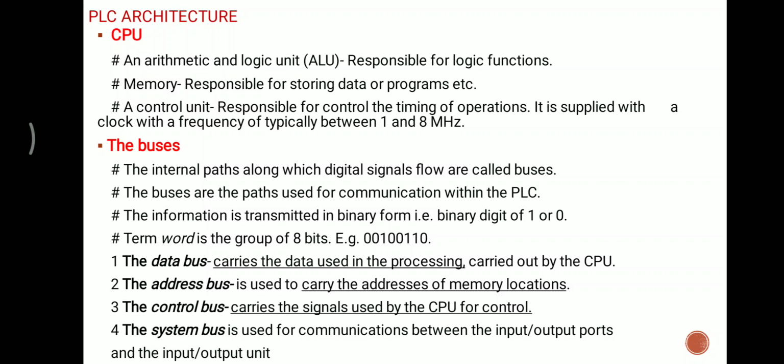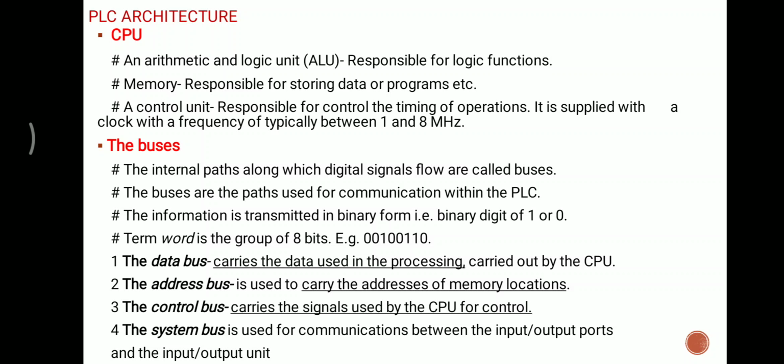The control bus carries signals used by the CPU for control. This control bus works especially for the controlling actions by the CPU. And last is the system bus. It is used for communication between the input output ports and the input output unit.